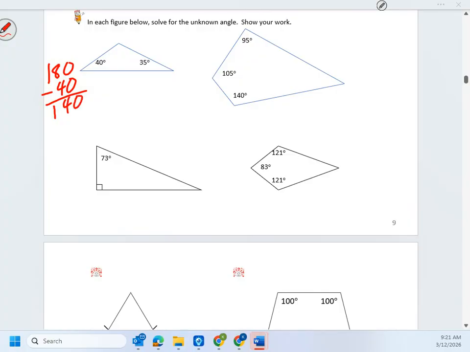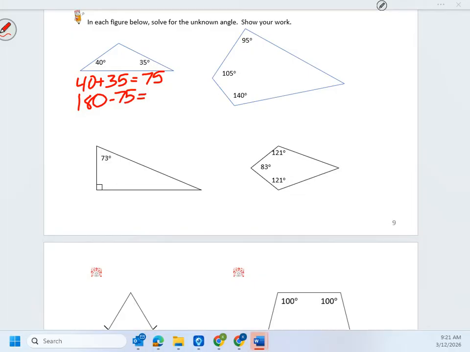You don't have to go through it like that because we can use calculators in 6th grade. But I do want you to write out what you're putting into your calculator. If you're adding the two together, you would put 40 plus 35 equals 75, and then 180 minus 75 equals what?